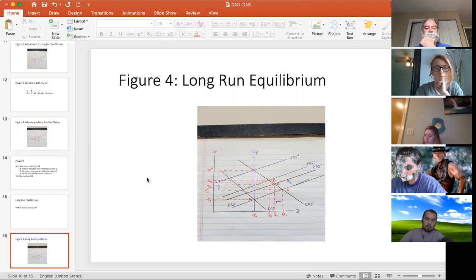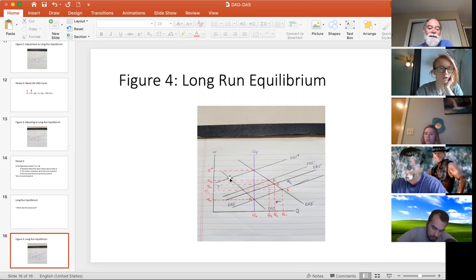Well, if people are still expecting inflation to be higher, the DAS curve would shift up at least one more time, which would lower the Q even further. Yes, it would. Eventually, people are going to realize that inflation isn't as high as they thought it was.